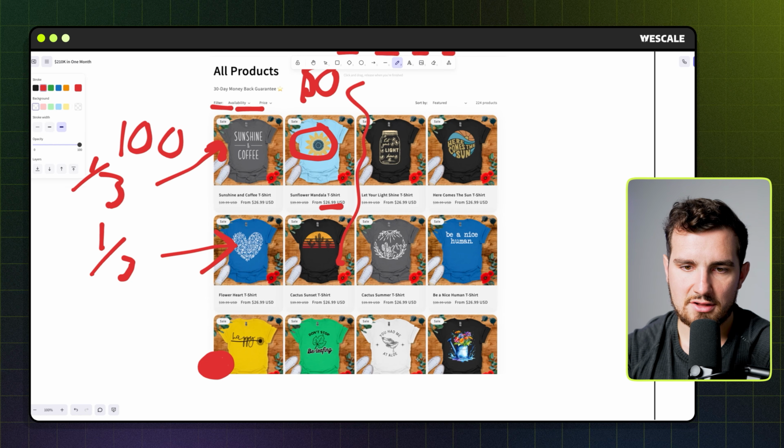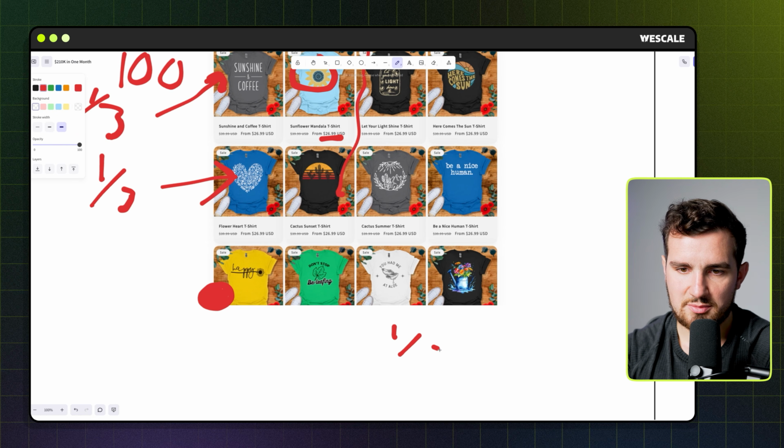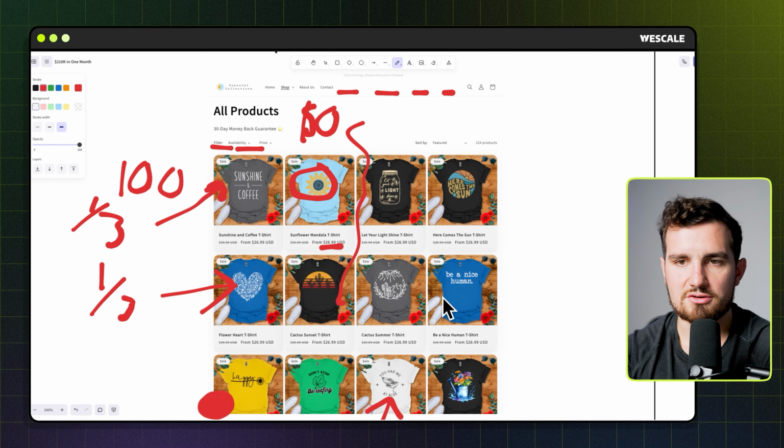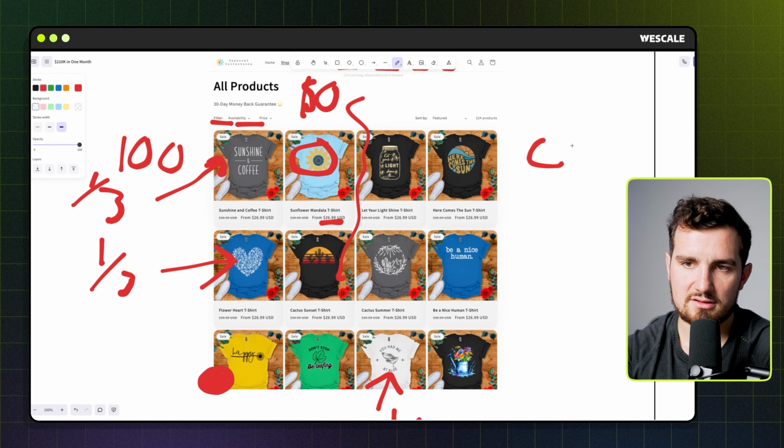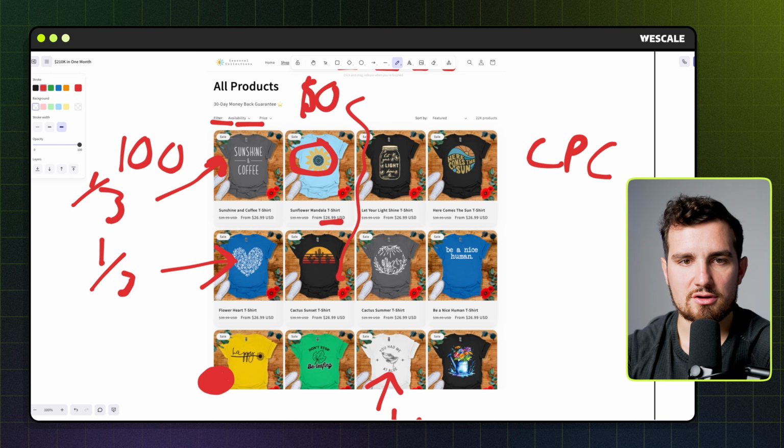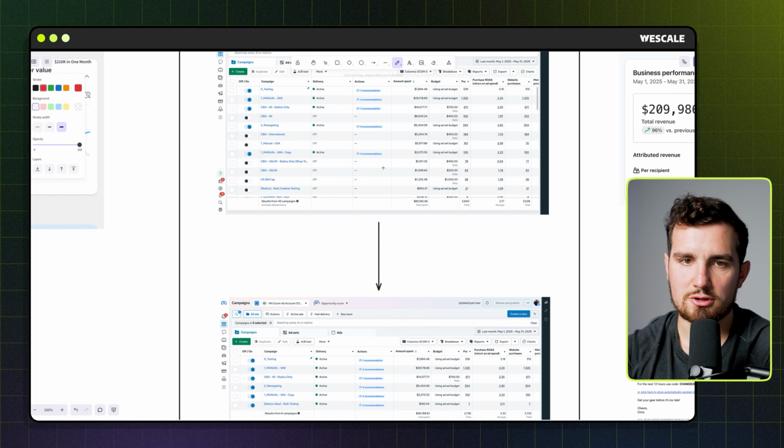And then roughly another third we do as typography plus graphics like this one. The reason we do that is when we're launching a new store with about 100 designs, we're really just trying to see what the market's interested in, what is resonating with people by looking at the cost per click that we'll get into in a second. But the good thing is that these images that you're seeing here, this is also what we use in the ads, which is what we'll go over next.